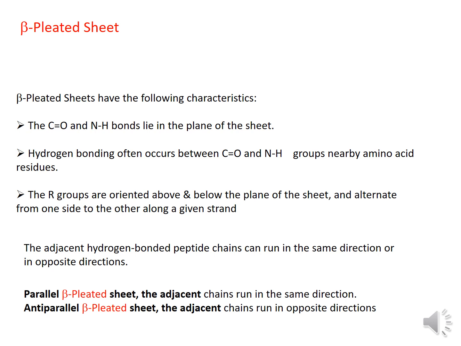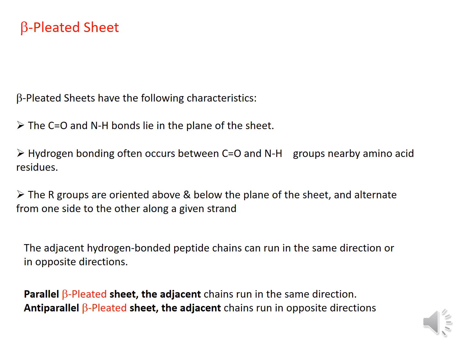This helps the formation of beta pleated sheets, because less steric hindrance is very much required for the formation of protein structures.